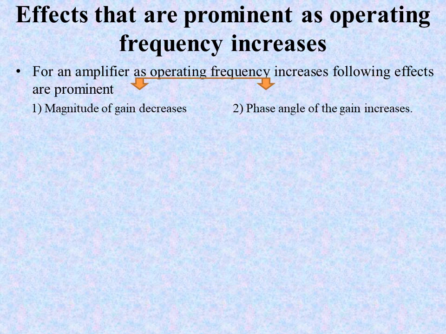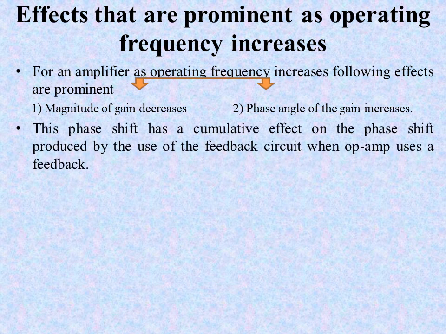So what happens as these two effects are seen in the operational amplifier? We have said that as operating frequency increases, the phase angle of the gain increases. This creates a cumulative effect on the phase shift produced by the feedback circuit when the op-amp uses feedback. What does this mean?